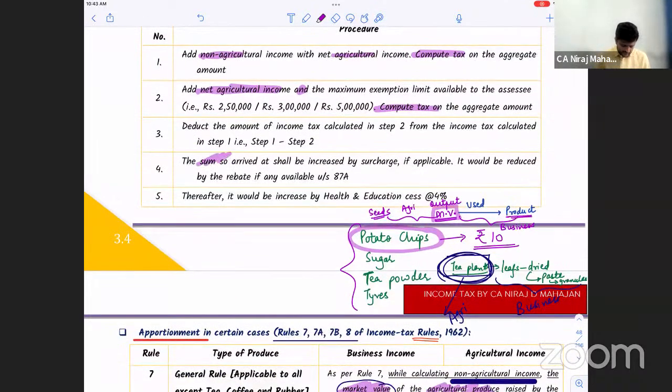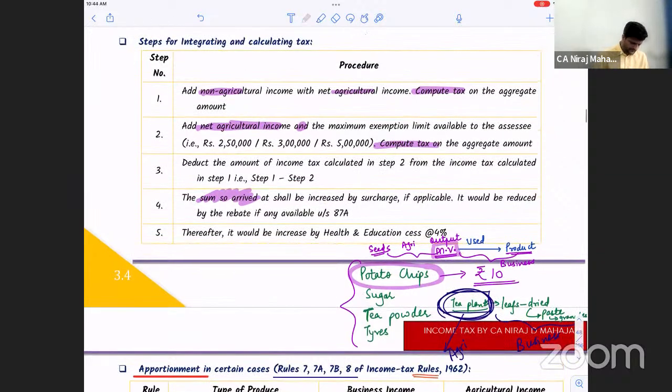The sum so arrived at shall be increased by surcharge if applicable, or reduced by rebate if applicable, or nothing. So total income tax on total income minus tax on agri plus BEL. Understood or not? In simple language, you can write in pencil: step 1, tax on total income.